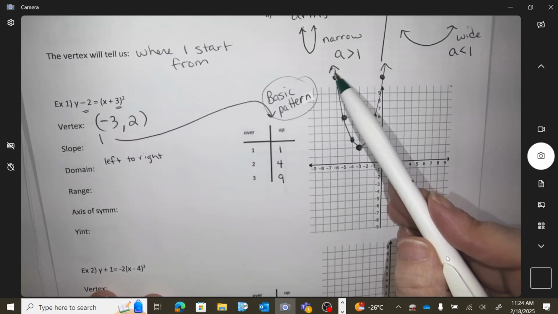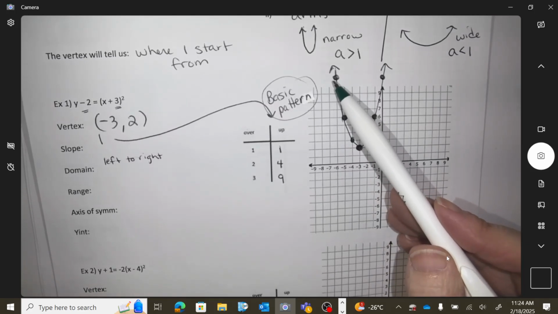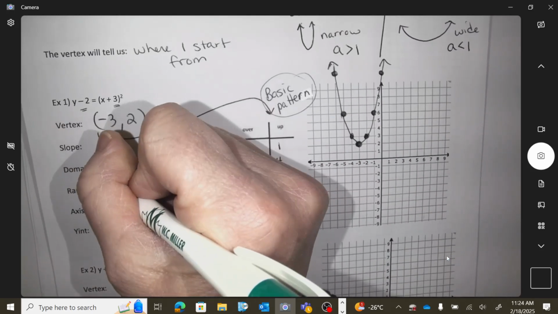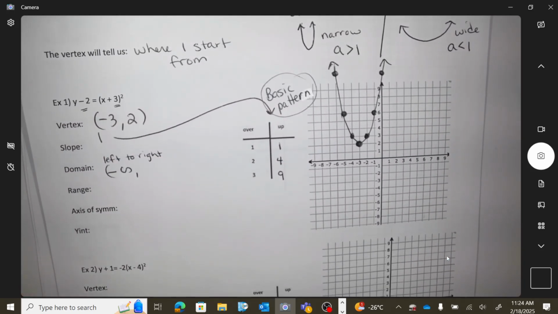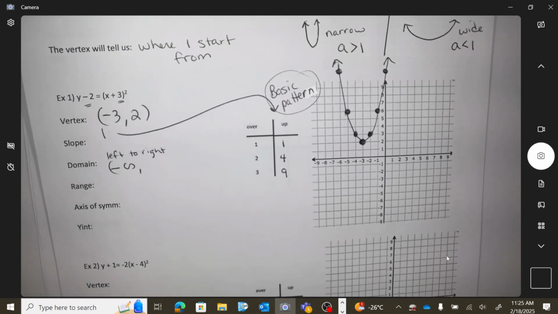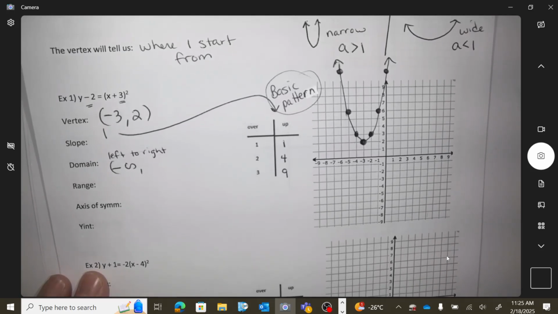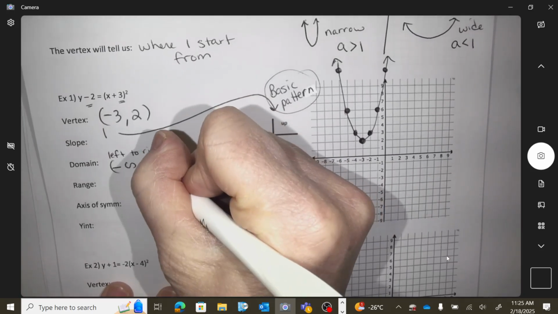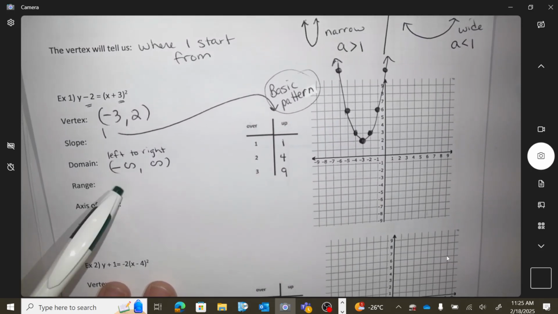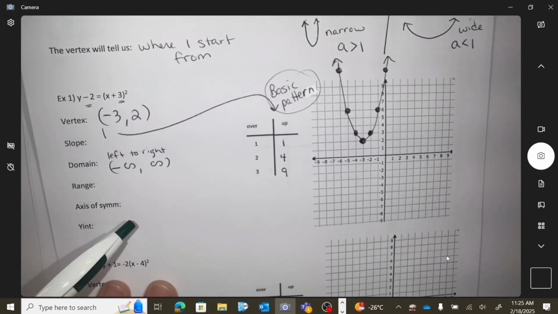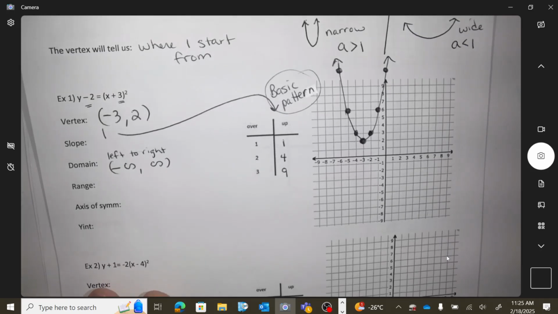Well, this arrow is showing me go on, go on, go on, and go on. So I'm going to write negative infinity, comma, and then how far to the right would this move? Positive infinity. Okay, that is always going to be the domain of a graph.